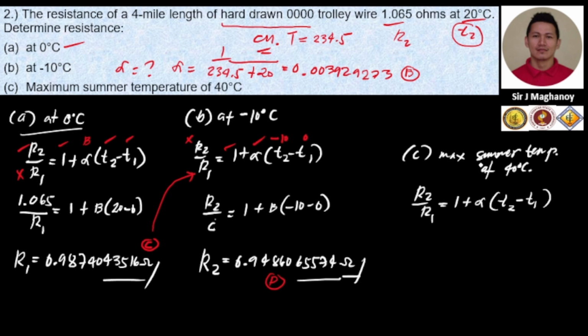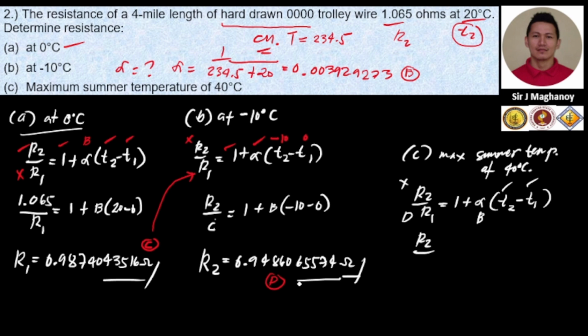Okay, so our R2, that is our unknown. Your initial temperature would be our determined value at -10. This is the value of R2 here, so this is our alpha D, and this is our alpha B. How about for our temperature? The final temperature is 40, given. How about for the initial temperature? The temperature of your R2, which is -10. Okay, let's substitute the values.